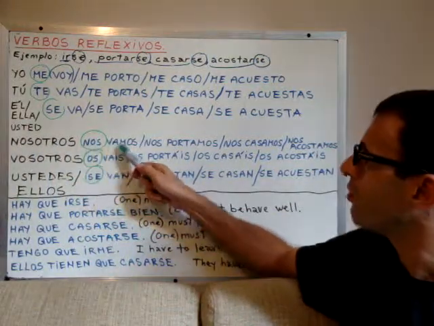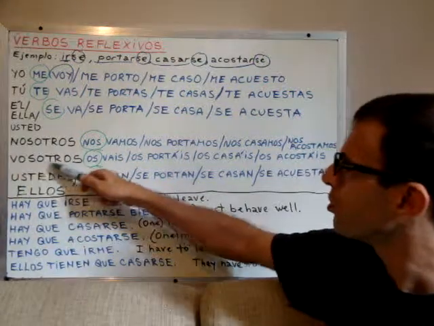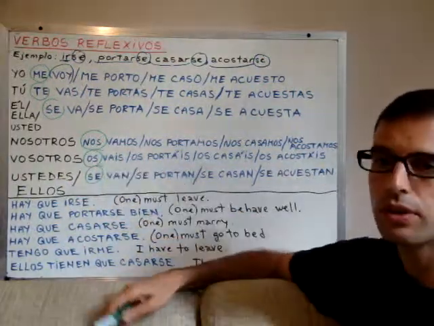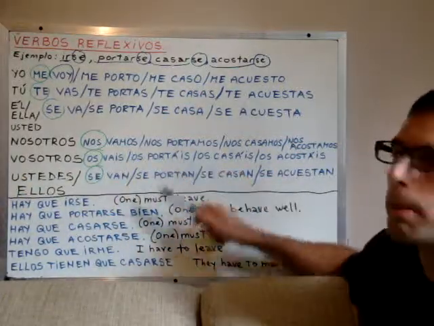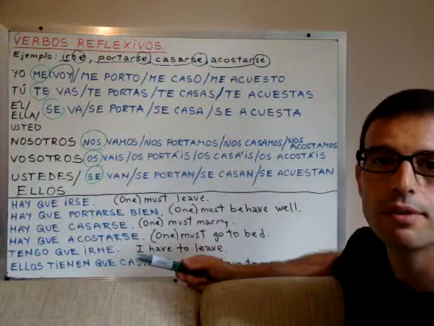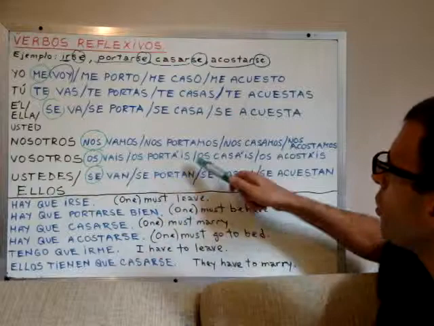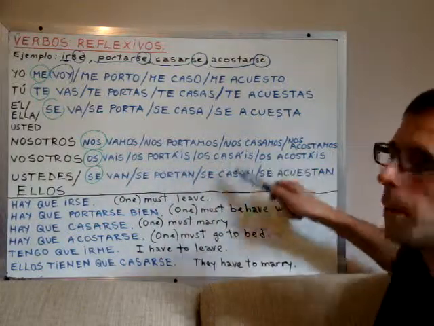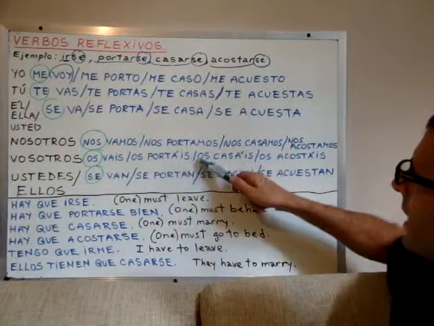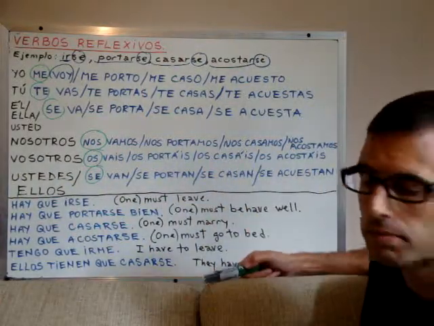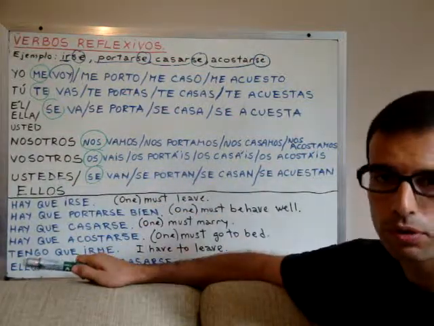Nosotros nos vamos, we leave. Vosotros os vais, you leave. Or vosotros os portáis mal, you behave badly. Or vosotros os casáis mañana would be you plural get married tomorrow. Ustedes is also you plural but used in Latin America.